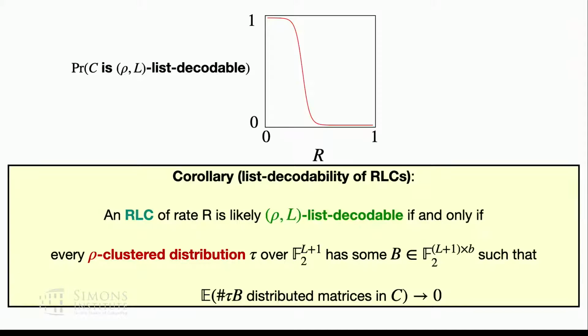You start containing a tau once R reaches the bottleneck, and then it falls very quickly. The probability of containing tau goes very quickly from 0 to 1, and the probability of being list decodable goes very quickly from 1 to 0, because you're going to contain a tau.